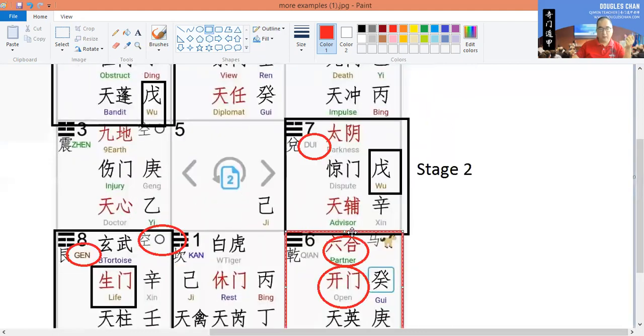So both of them are still good, which means that if you were to work for people or have your own business, I would say that box 6 itself, which is the open door, which is also the career, will fare much better as a whole.